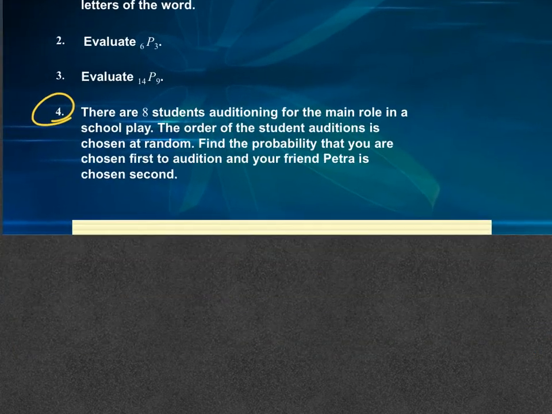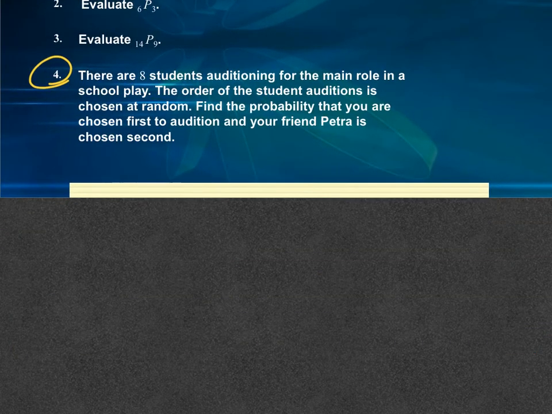Number 4 says there are 8 students auditioning for the main role in the school play. The order of the student auditions is chosen at random. Find the probability that you are chosen first and your friend is chosen second. So 8 is the total number, which means 8 is N. We're trying to fill 2 spots, which means R is 2.